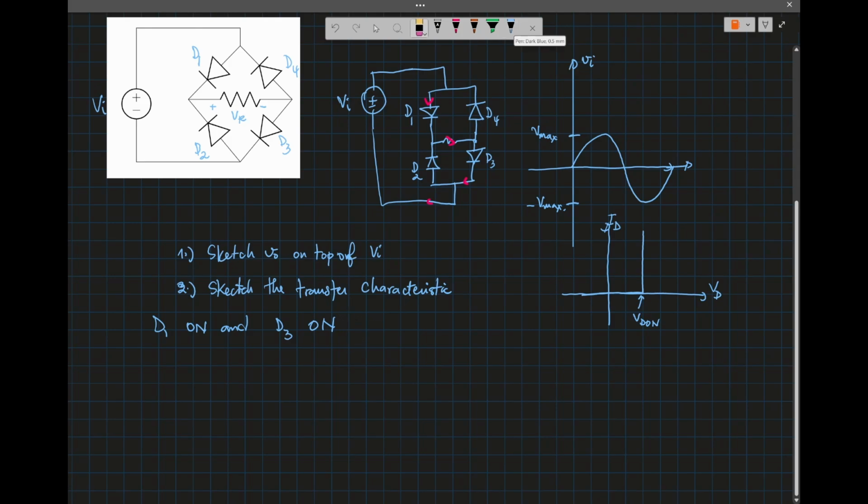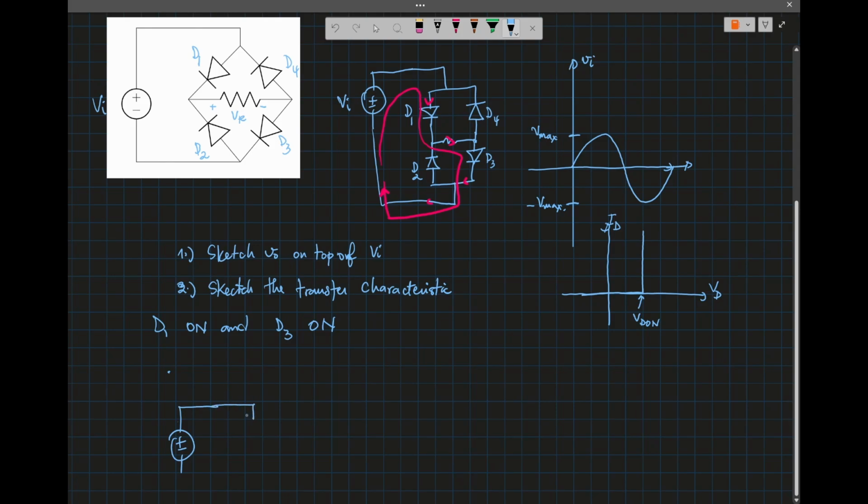As we have been doing, we can write the KVL equation around the path of the current. So let's just stick to what we have been doing. Let me redraw the network here.